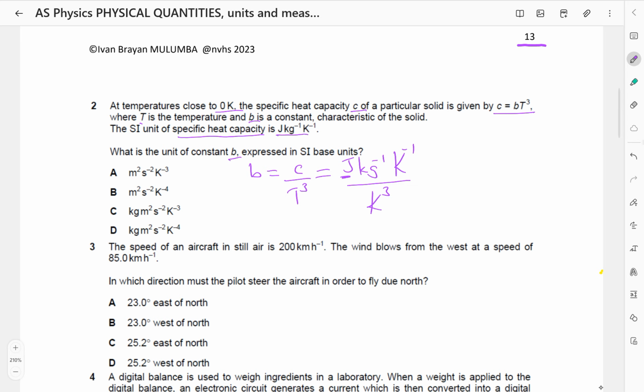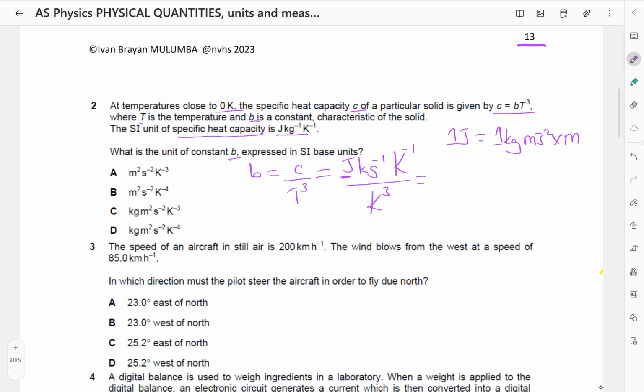Joules is the unit of energy, the unit of work done. So 1 joule is equivalent to 1 kilogram meters per second square, that is for force, then times meters, that is for distance, because work done is force times distance. So the unit joule is equivalent to kilogram meters squared per second squared.